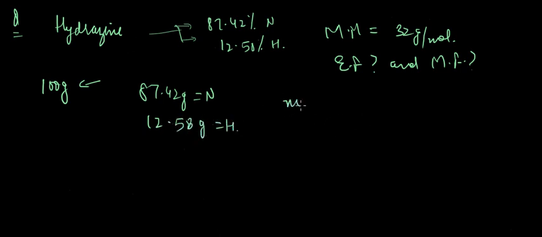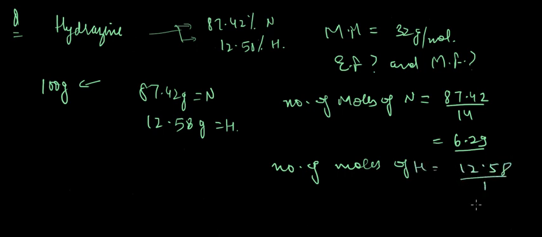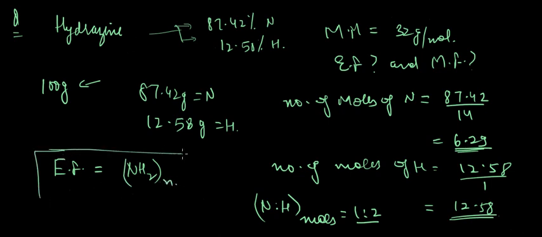Okay, so number of moles of nitrogen would be 87.42 over 14, which gives us 6.29 moles, and number of moles of hydrogen would be 12.58 over 1, which is 12.58 only. Okay, so the empirical formula would be, so the relative ratio of N to H moles would be 1:2. Hence we would have NH2 into n, or (NH2)n would be the formula.